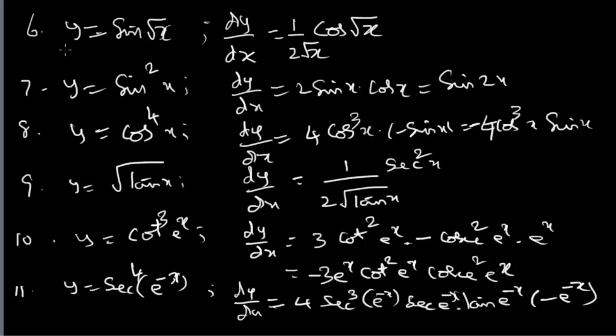So rewrite that one. It is equal to minus 4 e power minus x, secant cubed here and 1 secant here, secant power 4 e power minus x into tan e power minus x.